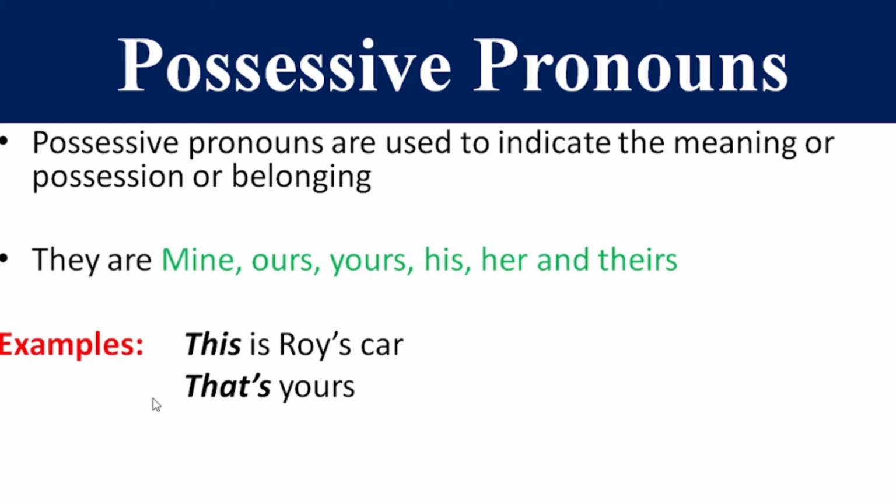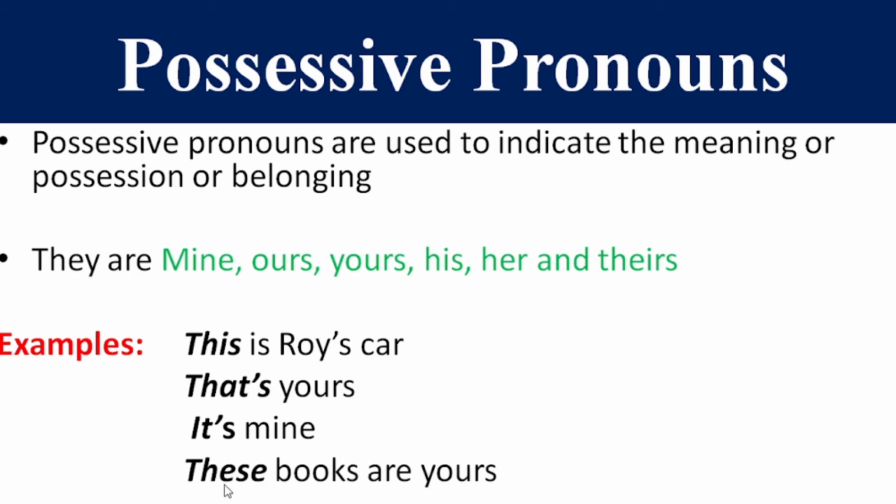In possessive pronouns we use an apostrophe that shows the possessiveness. So this is a possessive pronoun and that indicates Roy's car, and that's yours. It's mine. So it's is a possessive pronoun. These books are yours. So this is very much important to remember in possessive pronouns.